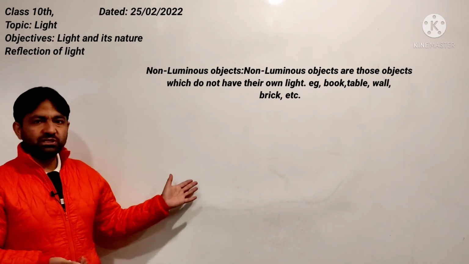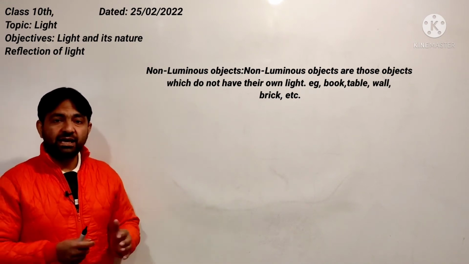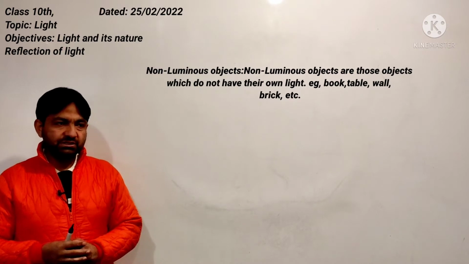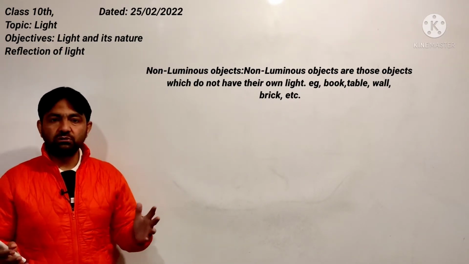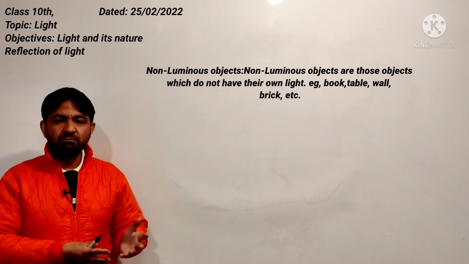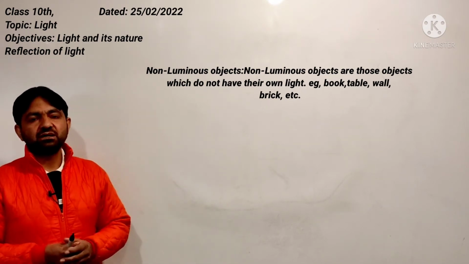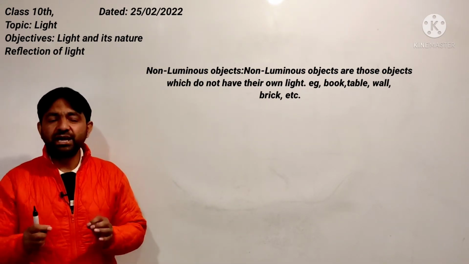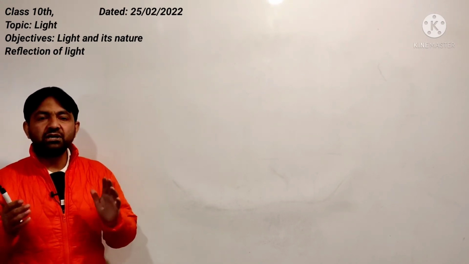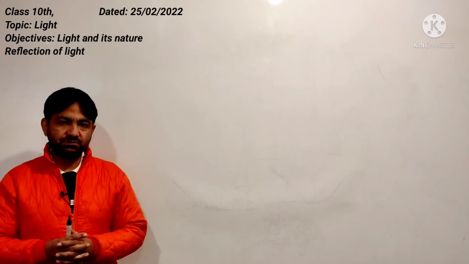You can see this whiteboard, it is non-luminous because it does not have its own light. Moon is non-luminous. Similarly, chair, table, these curtains, walls, stone, brick, mountains, all these things are non-luminous because they don't have their own light. So this was something about luminous and non-luminous objects.